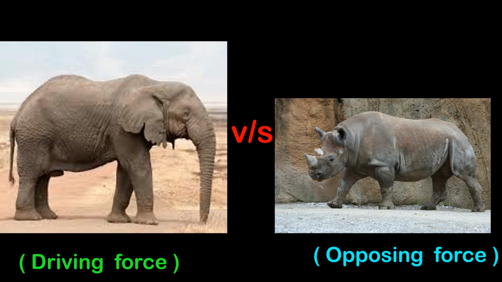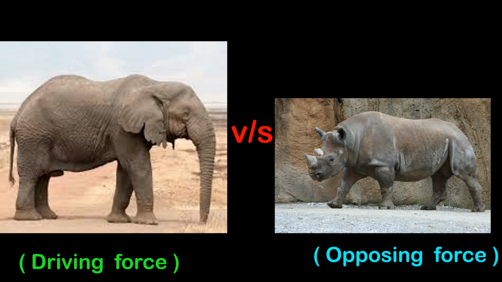Obviously the rhinoceros is going to apply greater opposing force and will not allow the elephant to pull the rope towards himself easily. Am I right? The elephant cannot pull the rope easily when he has a tug of war match with the rhinoceros. So here the rhinoceros is going to apply a greater opposing force.